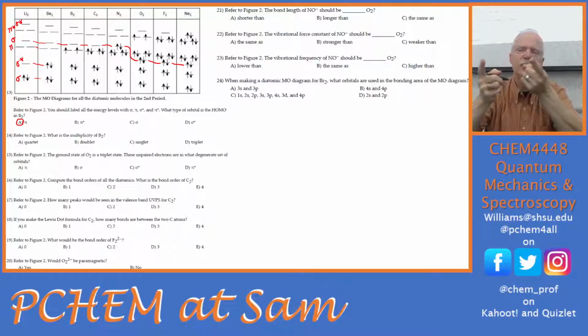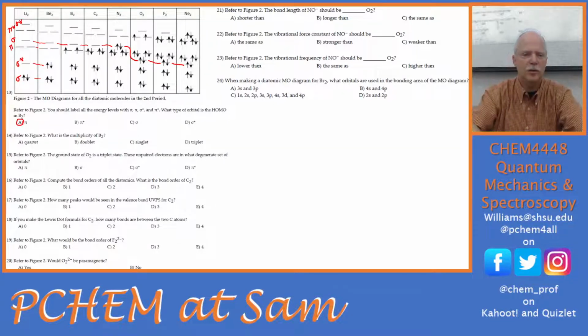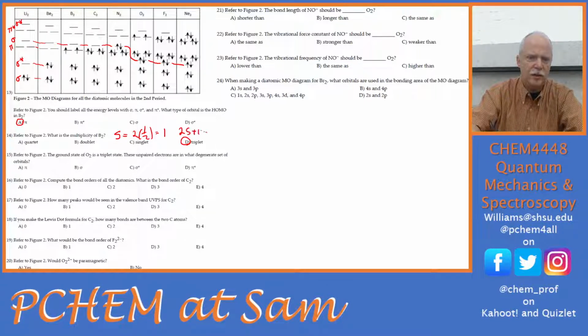And so the number of unpaired electrons plus 1 is your multiplicity, so it would be a triplet. If we were to calculate using spin, S is equal to 2 times the 1/2, right? There's 2 unpaired electrons. And so S is equal to 1, and then 2S plus 1 is equal to 3, which is where we get the triplet.